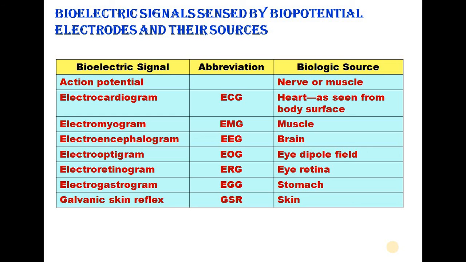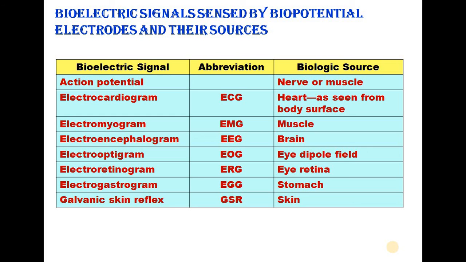Now let us see some of the examples of biopotential signals. First one is action potential, which can be generated by nerve cells or muscle cells. Then electrocardiogram, whose source is the heart. Electromyogram is generated from the muscles.